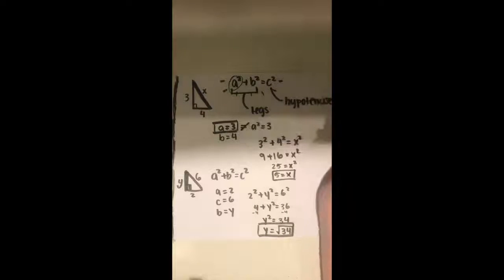So the biggest takeaway from doing this is that you really, really, really have to be careful of what you're plugging in where. So if you're solving for the hypotenuse, you do not want to have your variable as a or b. It has to be c because that is what the hypotenuse is. Similarly, if you're solving for one of the legs, your variable should not be c.